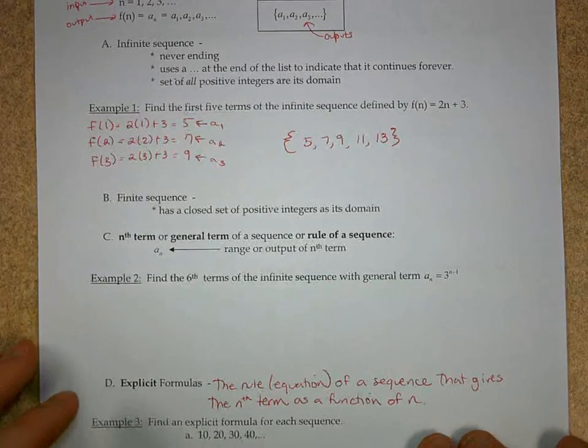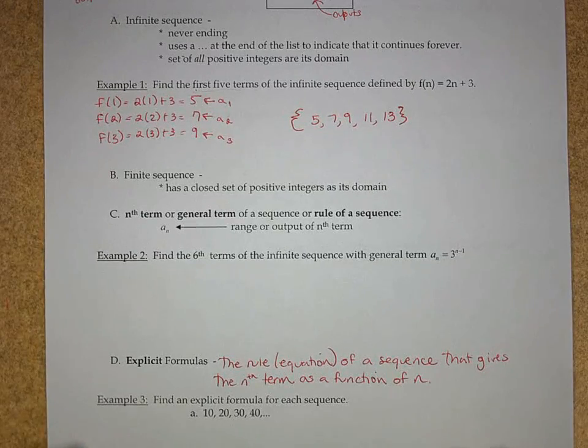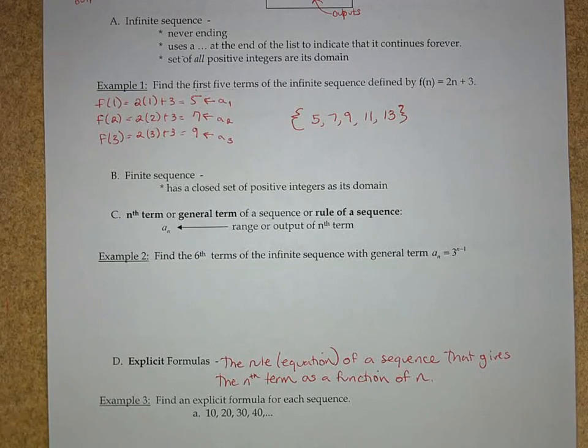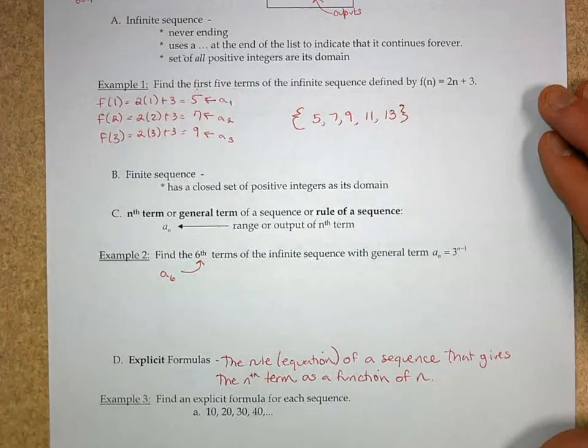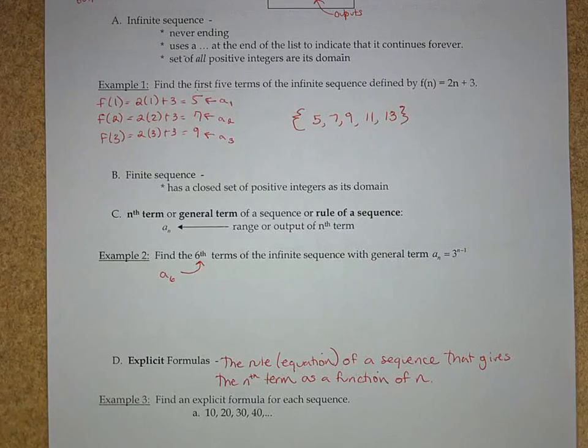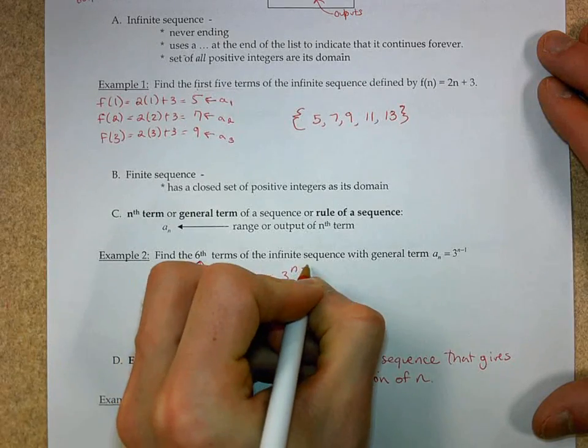In example number 2, we want to find the 6th term of the infinite sequence with the general term a sub n equal to 3 raised to the n minus 1. Since I want the 6th term, I'm trying to find a sub 6. Wherever I see an n in my equation, I substitute a 6.